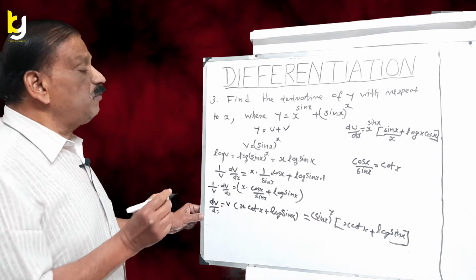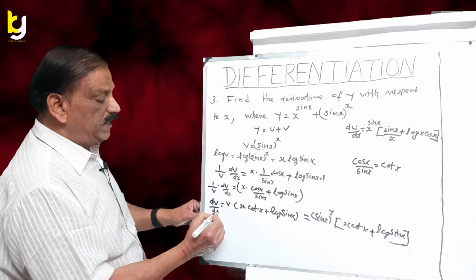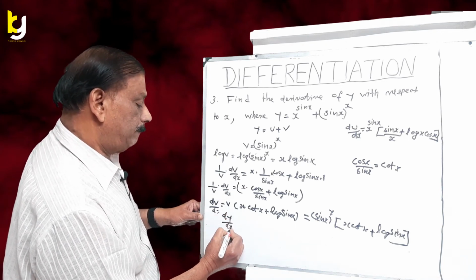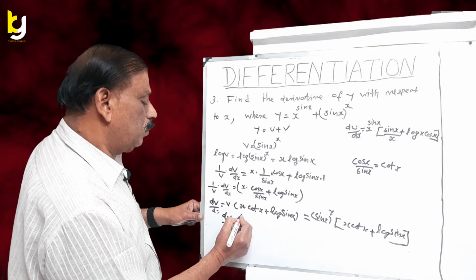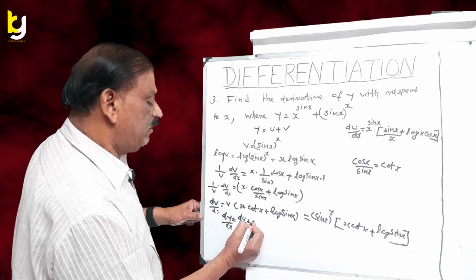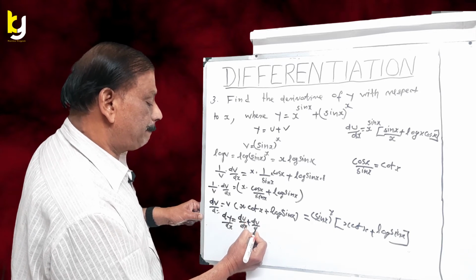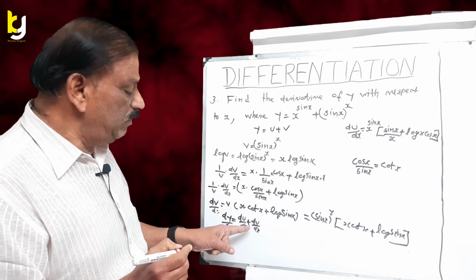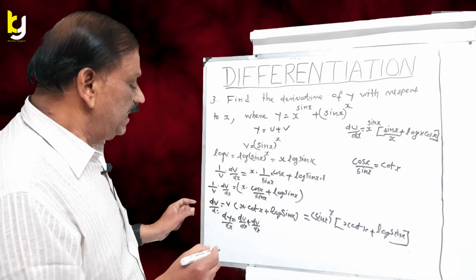Therefore, dy by dx equal du by dx plus dv by dx. We must substitute du by dx and dv by dx. Then we will get dy by dx.